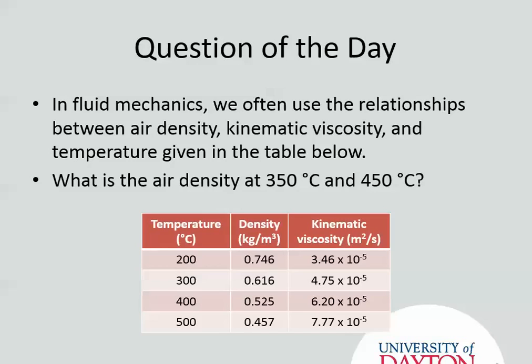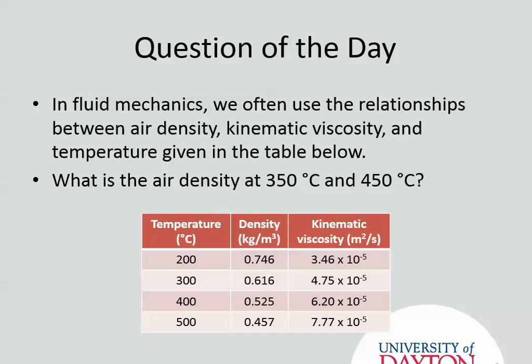Temperature. So we have temperature on our x-axis, and then we've got our density on our y-axis. And then I just gave you the kinematic viscosity data as bonus extra information. So we have these four data points.